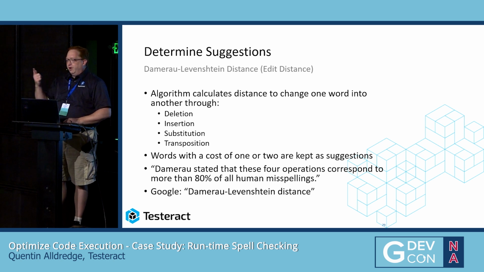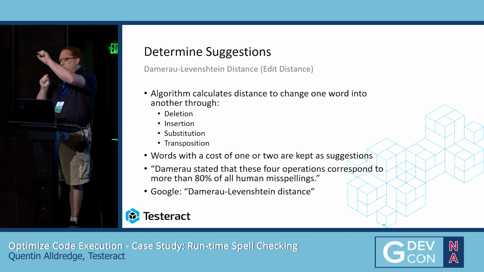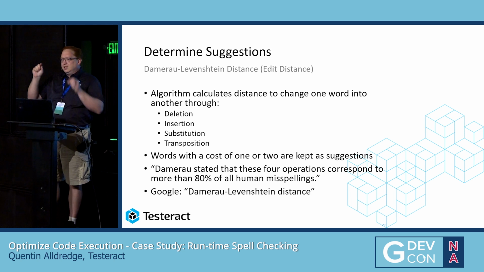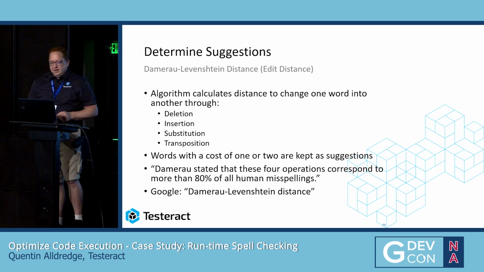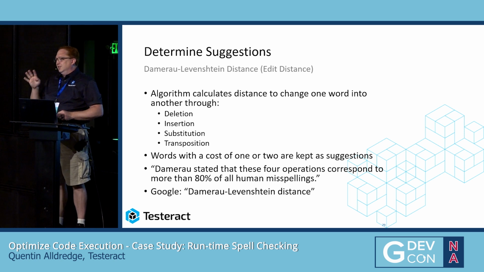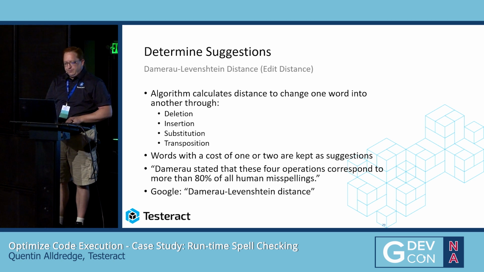The steps are deletion of a letter, insertion of a letter, substitution, where you take one letter out and put in another letter, or transposition, where you take 2 adjacent letters and swap them. It says these 4 operations constitute 80% of misspellings that could take place.